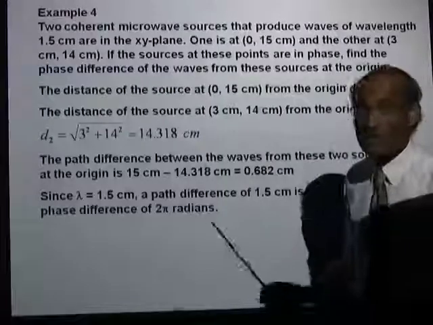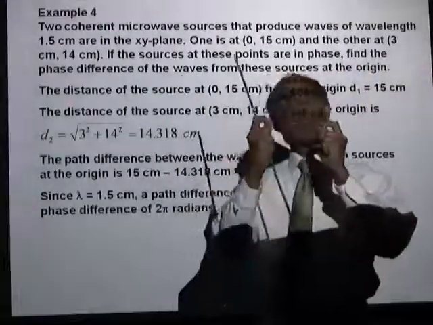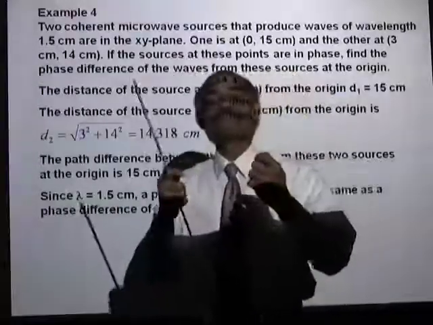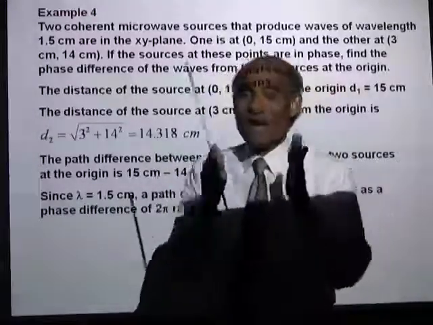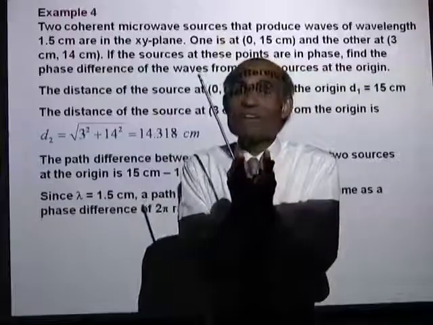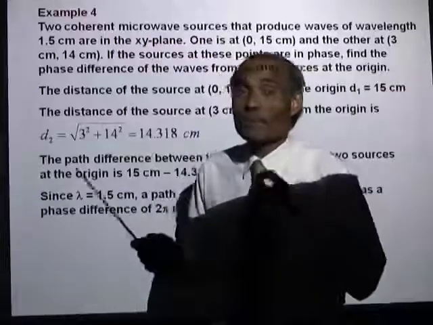I hope you understand. We have discussed this in wave motion. A path difference of one wavelength is the same as a phase difference of 2 pi. A path difference of half a wavelength is the same as a phase difference of pi.